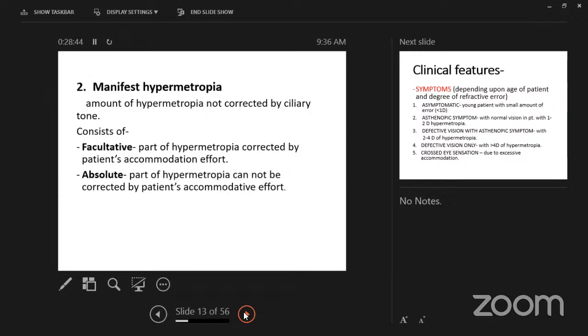And sir, when we are doing the cycloplegic refraction. Usually, when the patient comes to us, we will do the refraction, and that just gives the absolute value of the refraction.